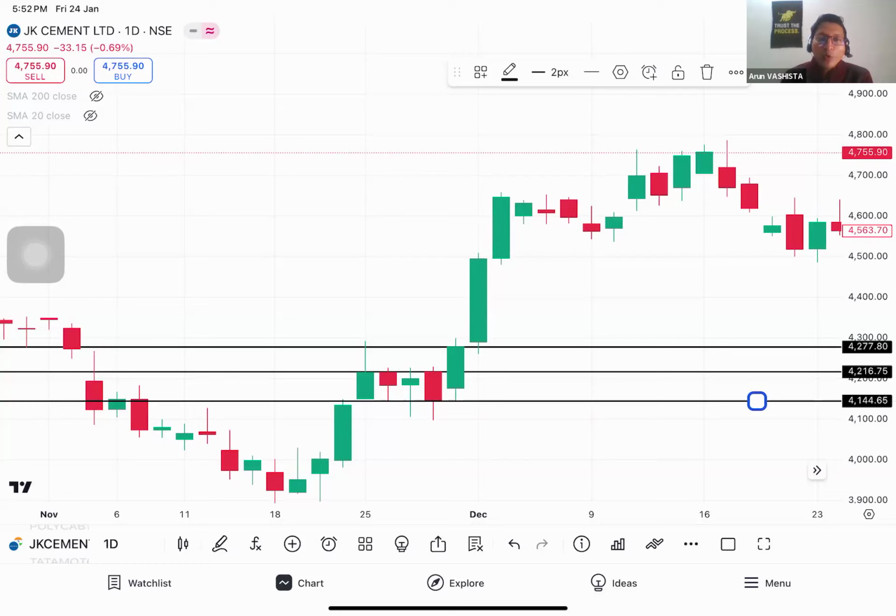Why I enter only on the range expansion bar is because a range expansion bar means there is some power behind it. No retailer has entered in the previous 3 to 5 days; it should be big institutions, financial institutions, banks, whatever. I call it smart money.